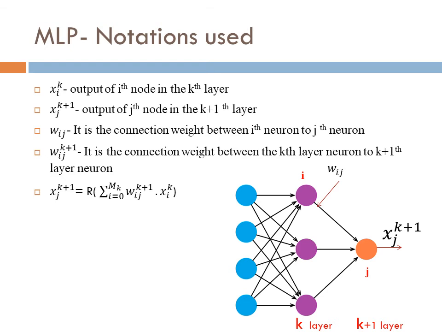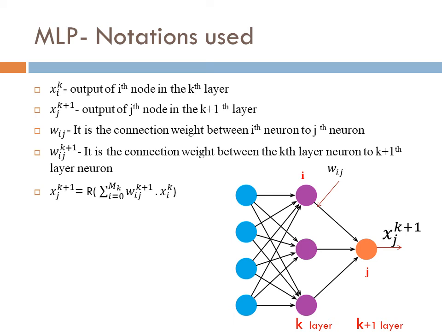Now let us consider the output obtained by the jth node in the (k+1)th layer, which can be represented as x_j^(k+1). It is nothing but capital R, the nonlinear function, applied to the summation from i equal to 0 to m_k, where m_k is the number of nodes in the kth layer. For example, if we consider the kth layer, there are 3 nodes shaded in purple color, so m_k is nothing but 3.